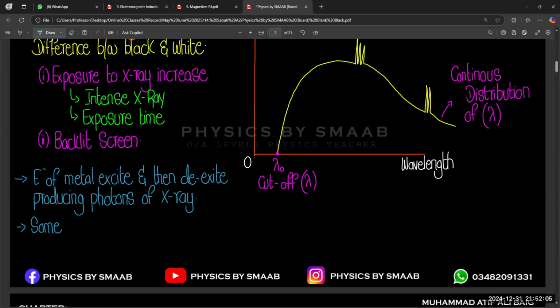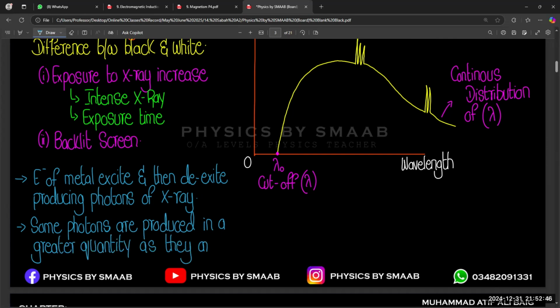And some photons are hence produced in a greater quantity, from the coil and the metal anode.